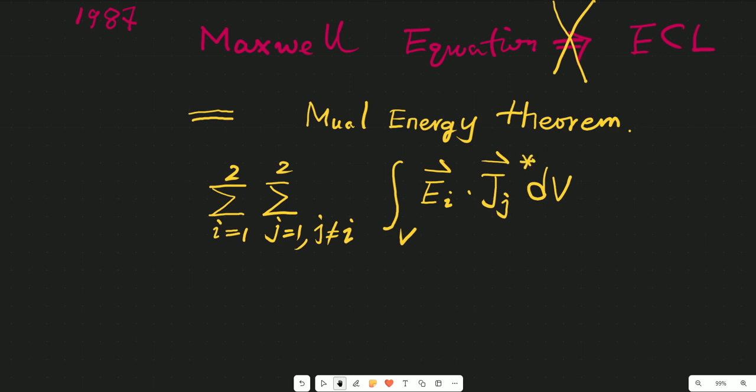If one is in Fourier domain, one is in time domain. So in time domain, we do not need the complex conjugate, but we need to give a time integral. This is same.